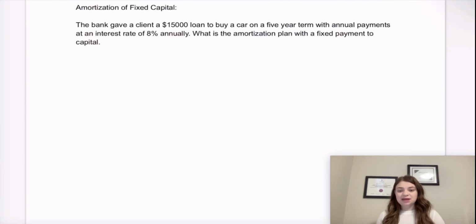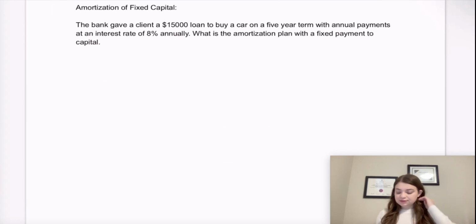And because it's fixed payment to capital, that means that every payment that they make, they're going to be paying off 1/5 of the overall loan value. And also, we know that since there's an interest rate here, as there always is whenever we take out a loan for something, that means that overall the payments are going to add up to more than $15,000 to pay off this loan because there is interest involved in taking out this loan as well.